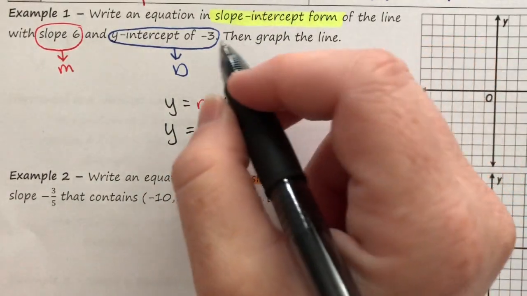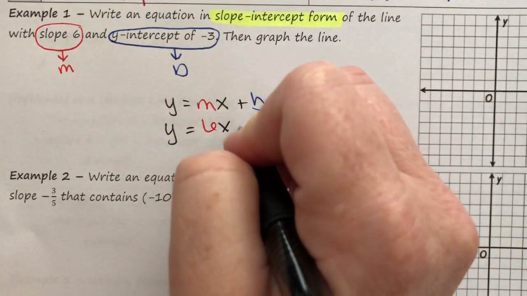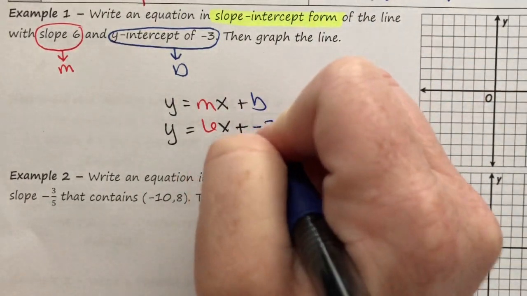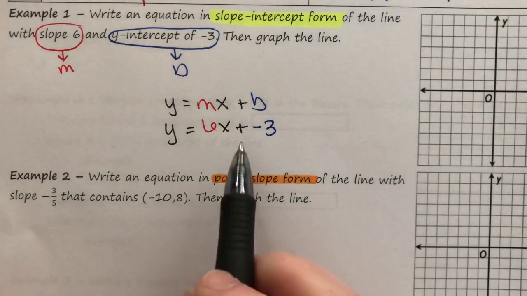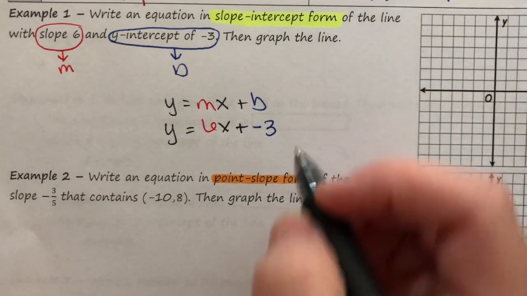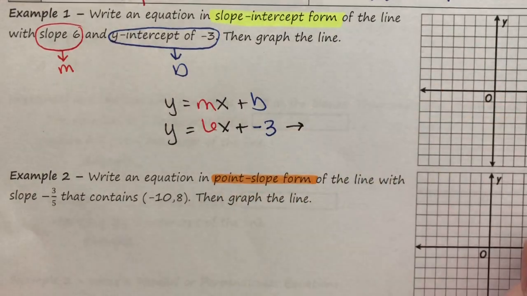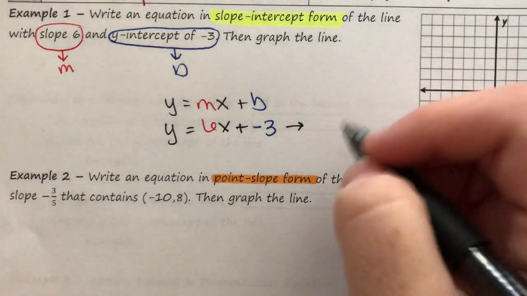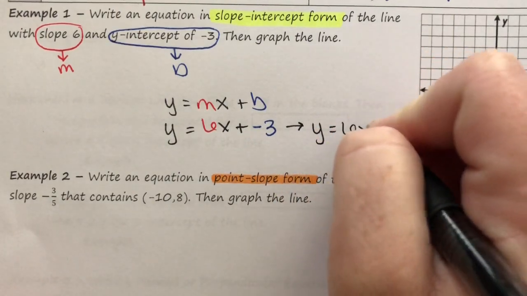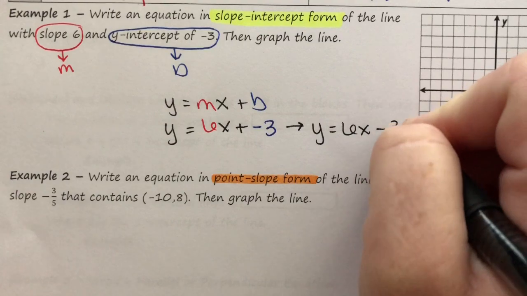And when you plus a negative number, here we'll write it plus, and then our y-intercept is -3. But we can't leave it like that because we have two signs that are touching right here. So when the two signs touching are not the same, we replace them with one minus sign. So y equals 6x minus 3.